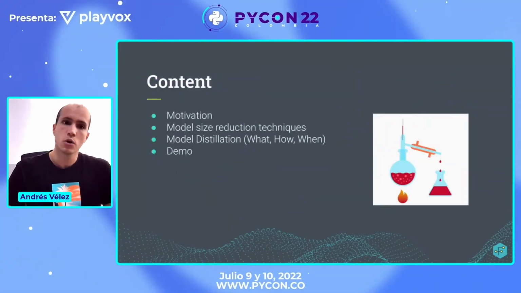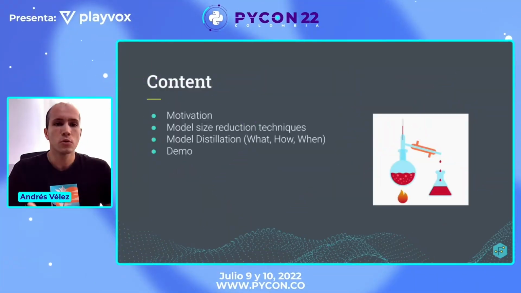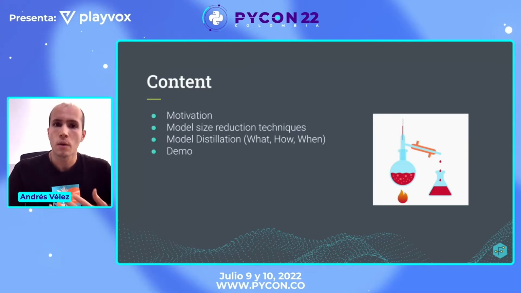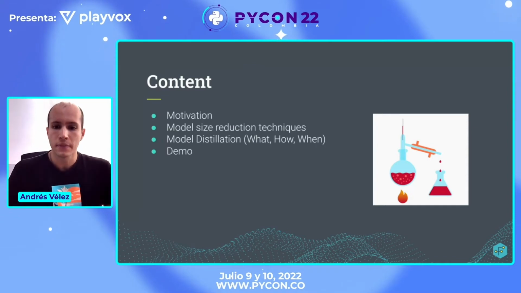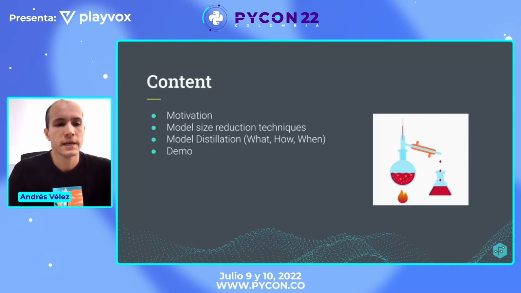Afterwards, we are going to go deep into what is model distillation, how to apply model distillation, and when to do it. And at the end, we are going to review a demo in which we are going to program pretty much the loss function and also go through the model program in PyTorch Lightning.